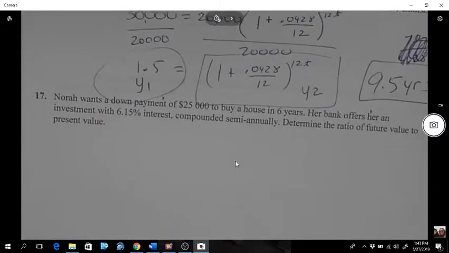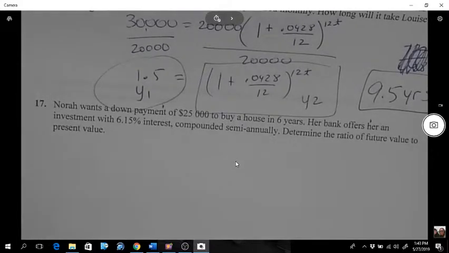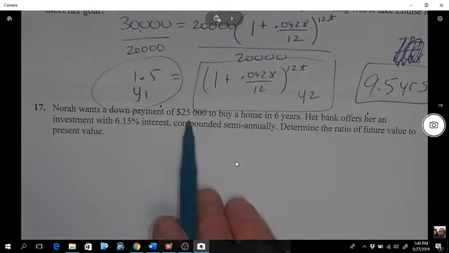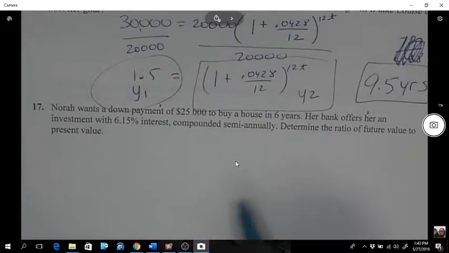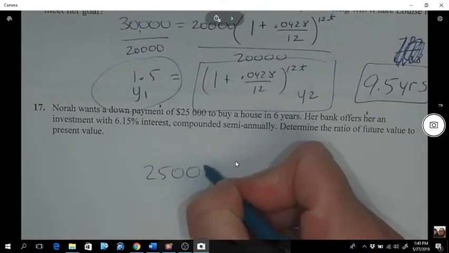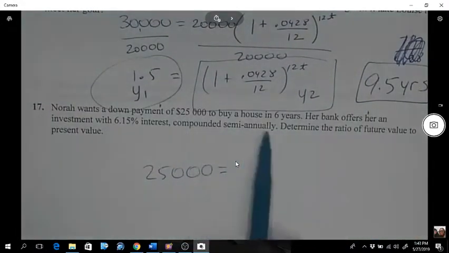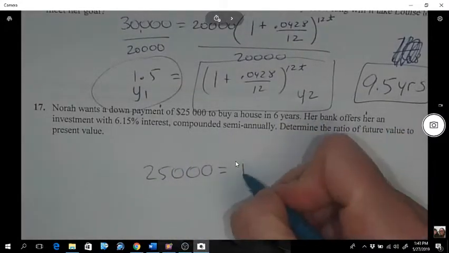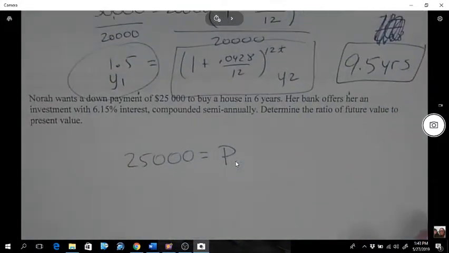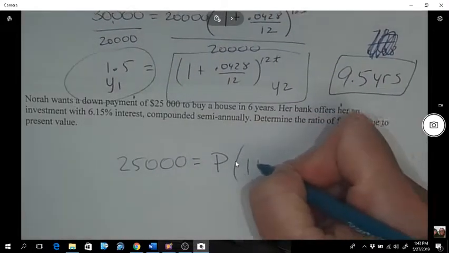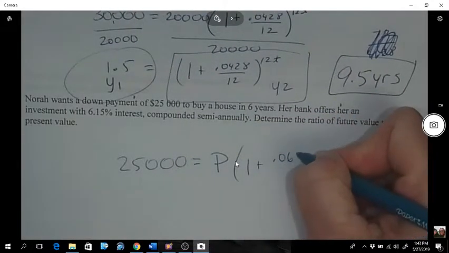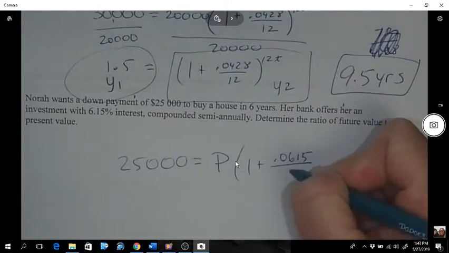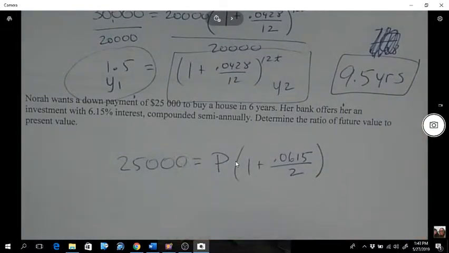Okay, and number 17. She wants a down payment of this to buy a house, so that's her final value she wants to end up with. Determine the ratio of the future to the present. So then we don't know what the present value is, or the principal. So 1 plus the interest rate divided by 2 because it's compounded semi-annually.